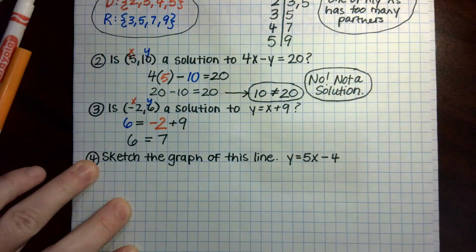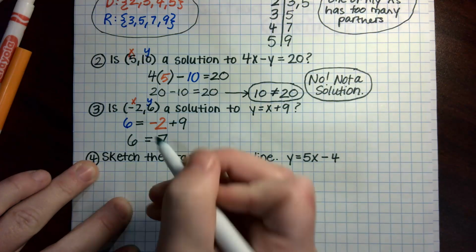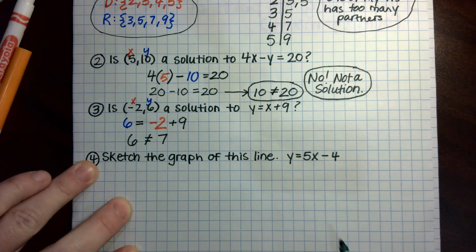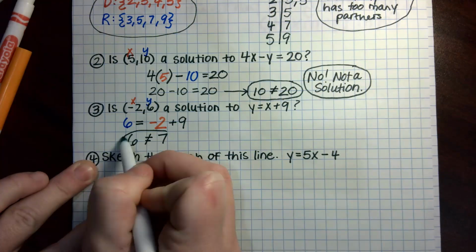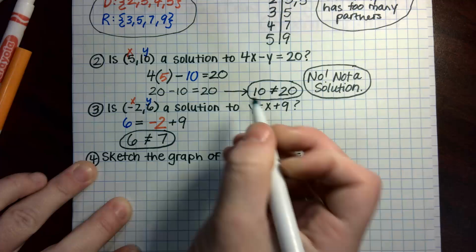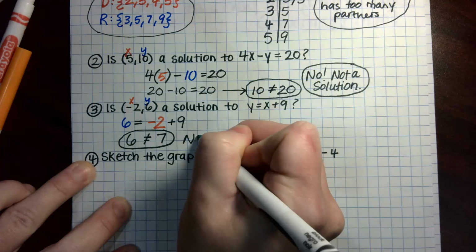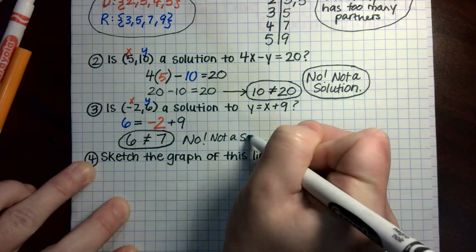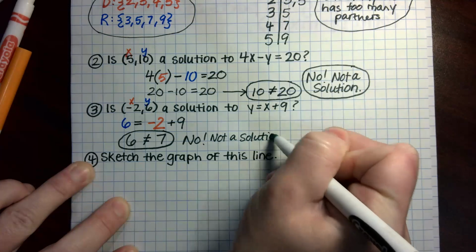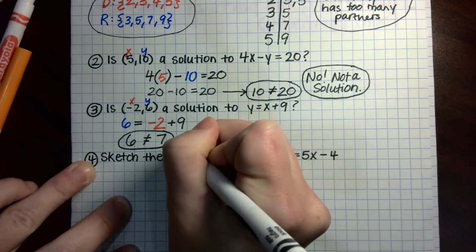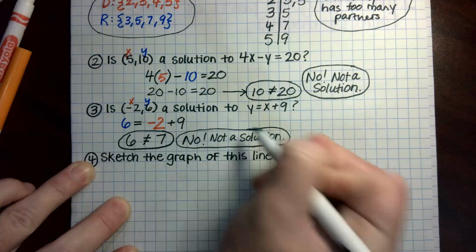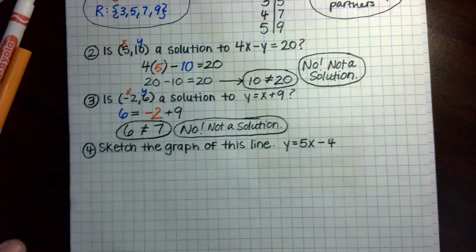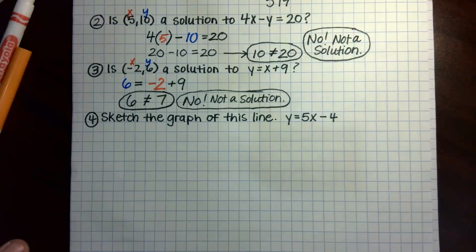Is that true? No. So we're going to put a cross through that equal sign. We're going to circle it. And then we're going to say, no, not a solution. We're going to circle that no also. Okay. Any questions on 3 before we try 4?